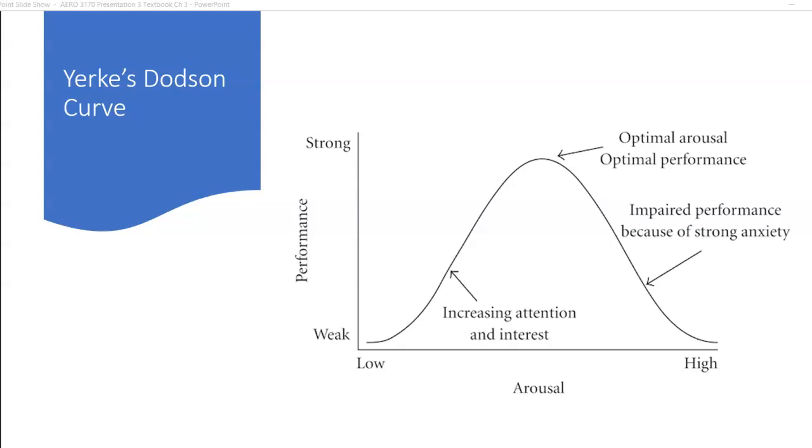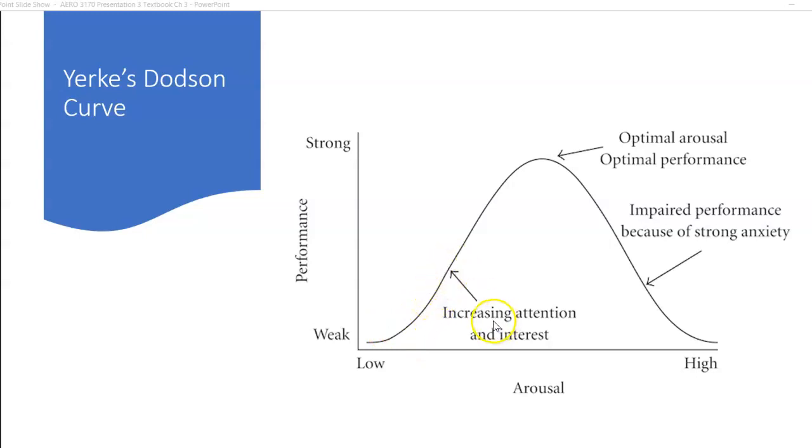This slide depicts what's known as the Yerkes-Dodson curve. The Yerkes-Dodson curve illustrates human performance as it relates to arousal. At the bottom of the curve, you see low arousal up to high arousal, and on the left, you see performance going from weak to strong performance. And at times of low arousal, performance is very low.